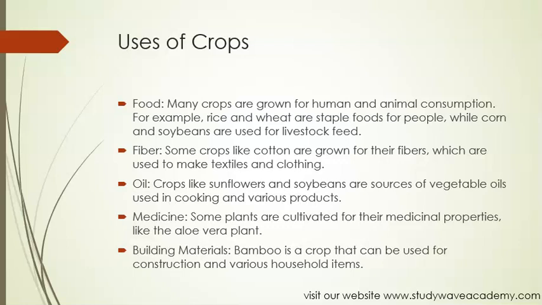For example, rice and wheat are staple foods for people, while corn and soybeans are used for livestock feed. So many crops are grown to provide food for us, like rice, wheat, corn, vegetables.